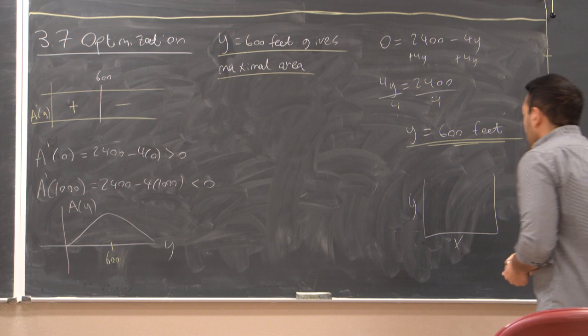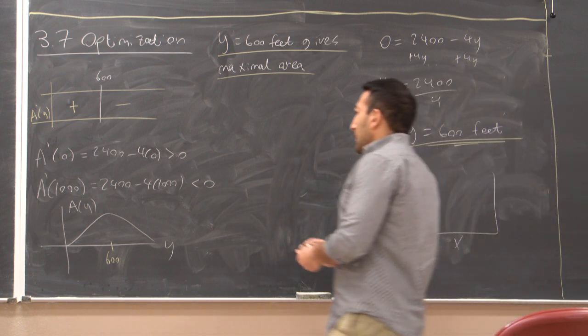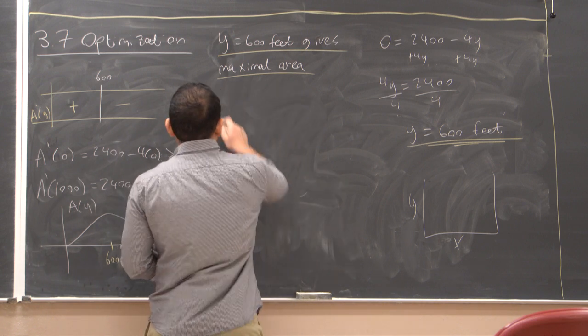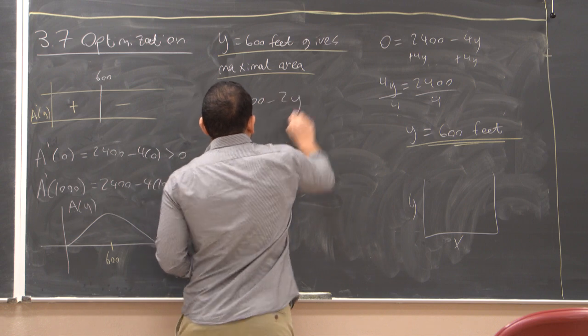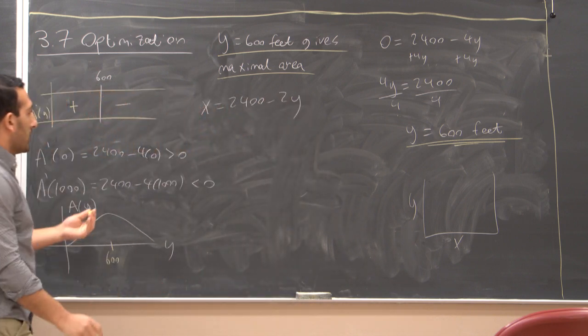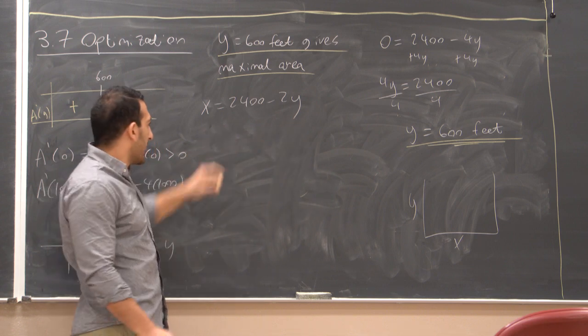But we can use the perimeter formula to help us out with that. Remember, we had that x was equal to 2400 minus 2y, right? So all we have to do now is just plug 600 into this and get the maximal value for x.